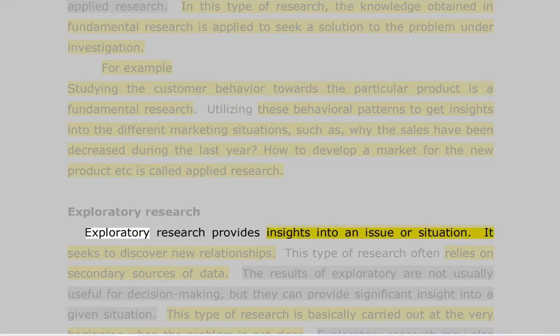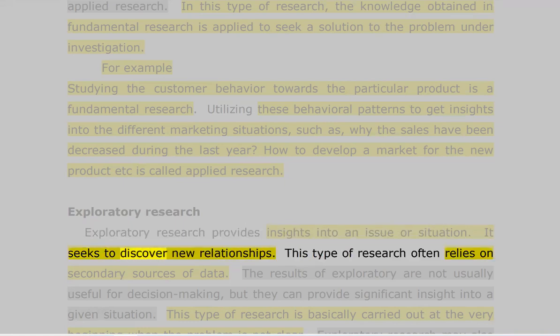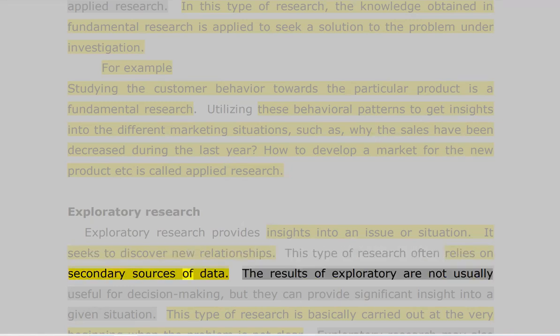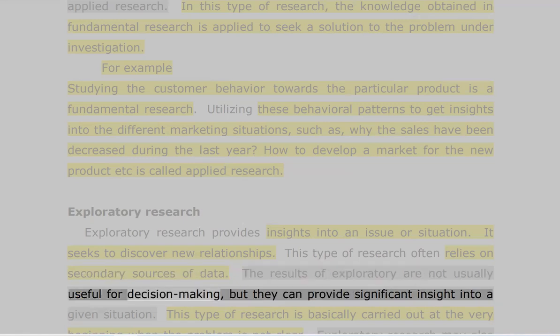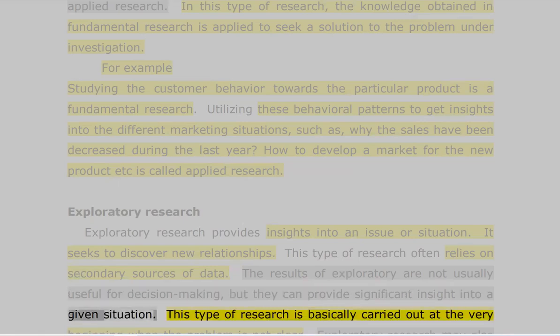Exploratory research provides insights into an issue or situation. It seeks to discover new relationships. This type of research often relies on secondary sources of data. The results of exploratory research are not usually useful for decision-making, but they can provide significant insight into a given situation.